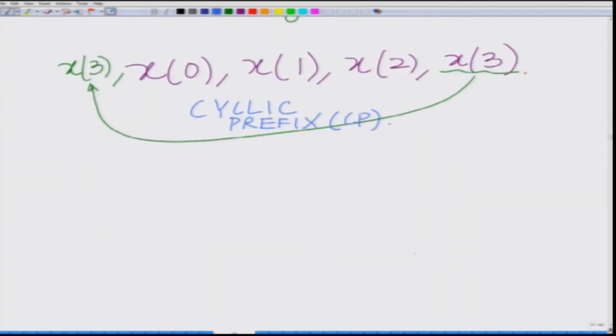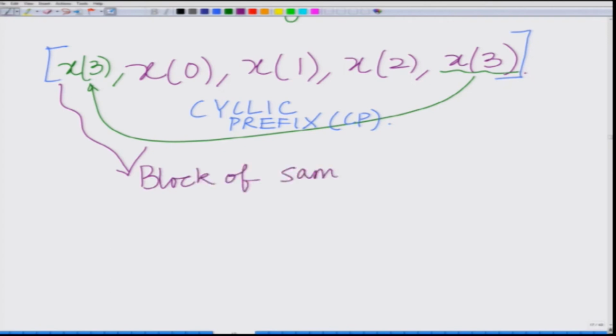And now, when you take this block with cyclic prefix, this is your block of samples. So, the OFDM transmission takes place in blocks. So, this is the block of samples with your cyclic prefix and you transmit this across the ISI channel.